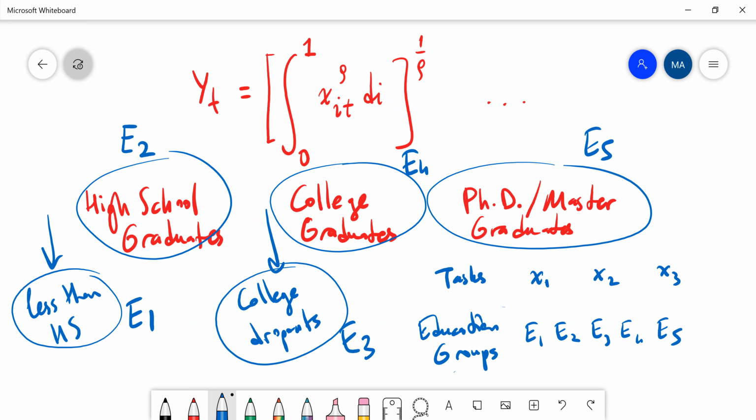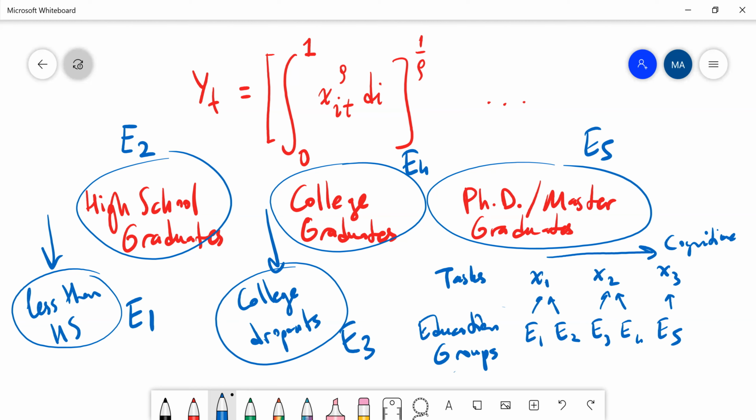Now, of course, these tasks could be increasingly more cognitive. So now you may imagine that people with PhD and master degrees would be performing the most cognitive task. Then you may imagine E3 and E4 going to the middle range cognitive task, and E1 and E2 go to the manual task.